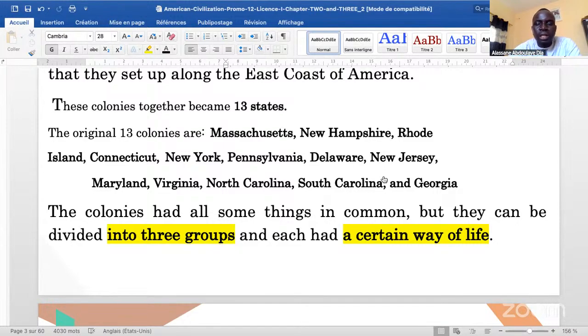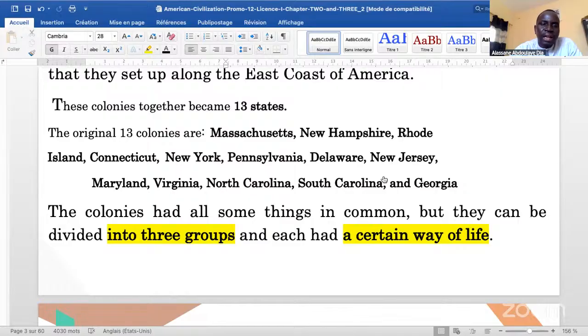And these colonies are here: Massachusetts, New Hampshire, Rhode Island, Connecticut, New York, Pennsylvania, Delaware, New Jersey, Maryland, Virginia, North Carolina, South Carolina, and Georgia. So you will see that these colonies had some things in common. It means there are some things that are the same in the colonies.